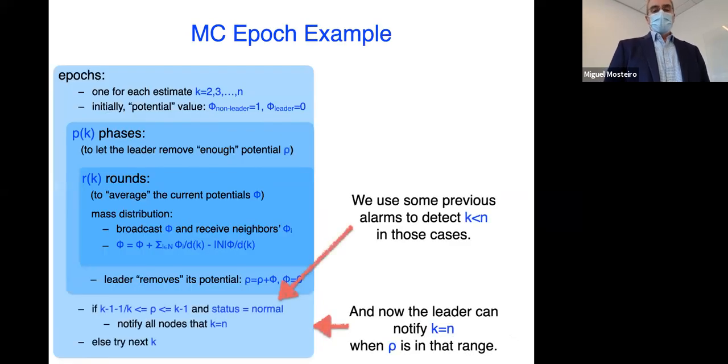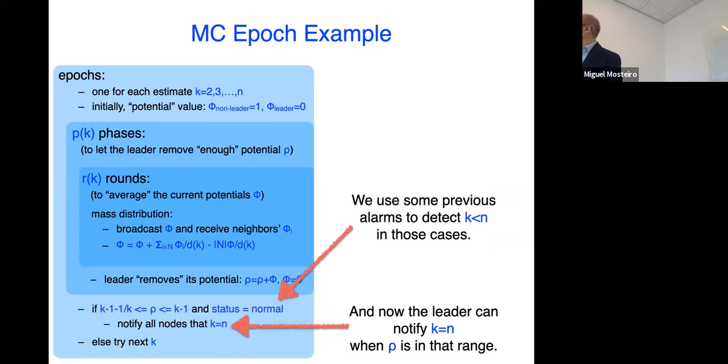So we use those alarms and we put basically a flag that we call status. If the status is still normal, if nobody detected that k was smaller than n and the potential accumulated by the leader is within some range, the leader decides that k is in fact n, and it can announce to all the nodes in n time, because now it knows n.